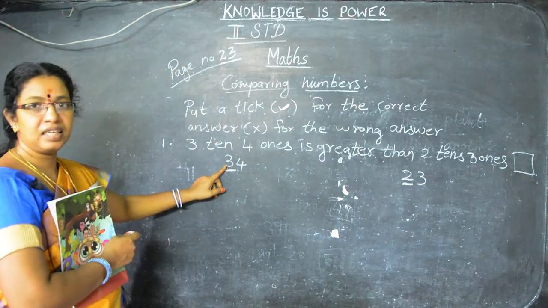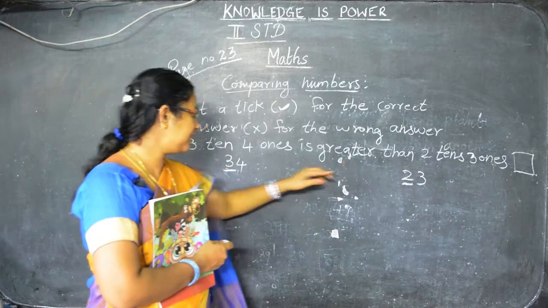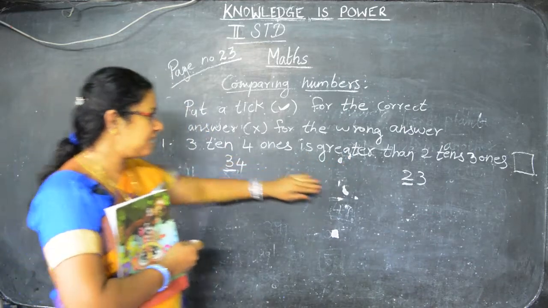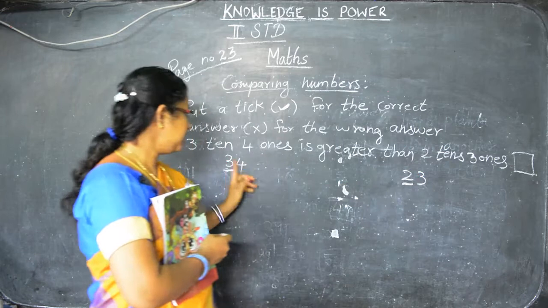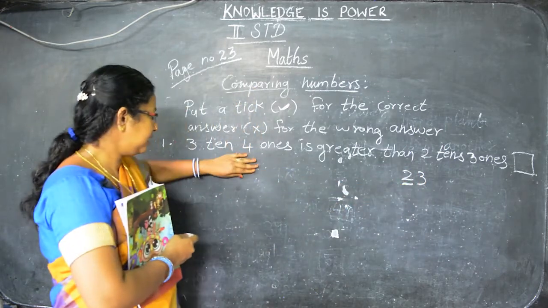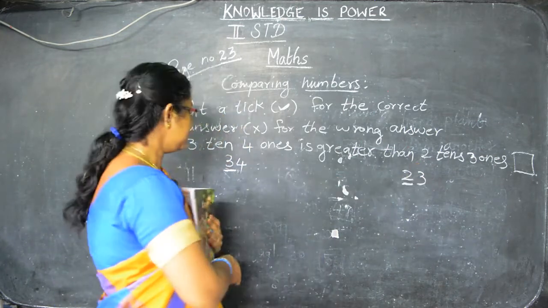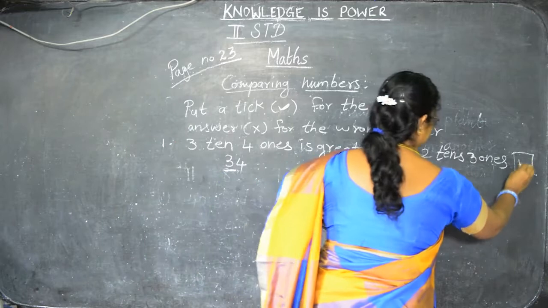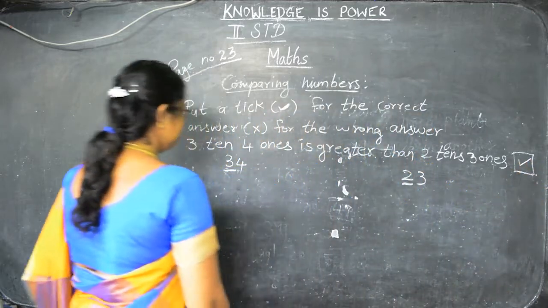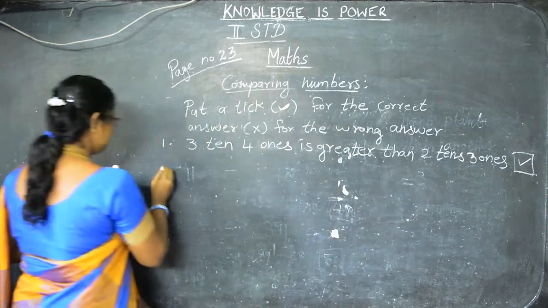Only 3 is greater. 3 tens and 4 ones is greater. This one is greater than 23. 34. This is perusu. Then this one is small number. Then the statement is correct. Then put a tick. Understand, children? Then next one.